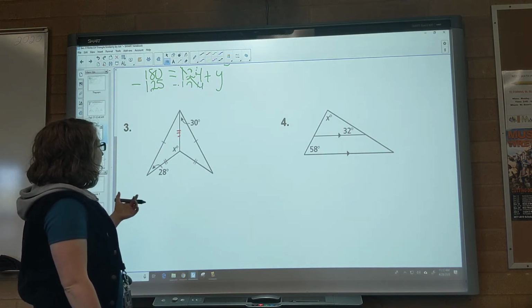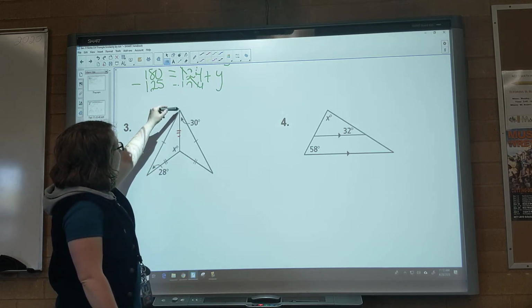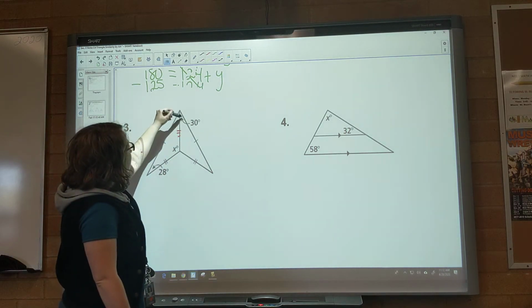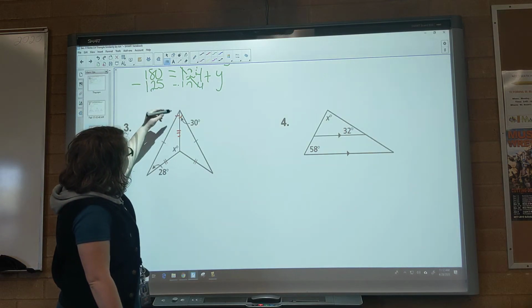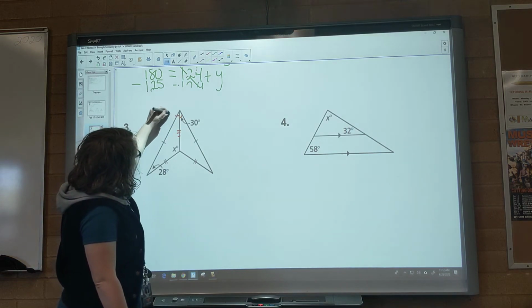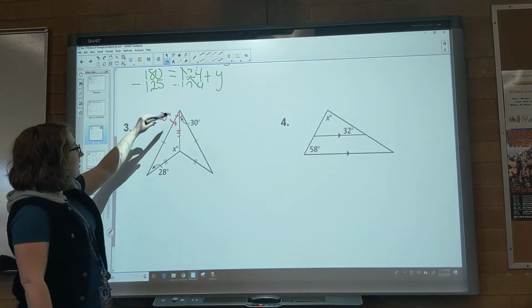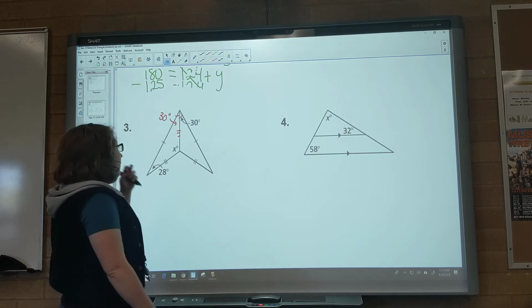So what I know about that means that these angles are also going to be the same, right? Because they're cut in half by this line. So this is 30 degrees. We've got a little angle mark. So this is also 30 degrees. And that makes it really nice because this triangle right here is going to add up to 180. The angles will add up to 180, okay?